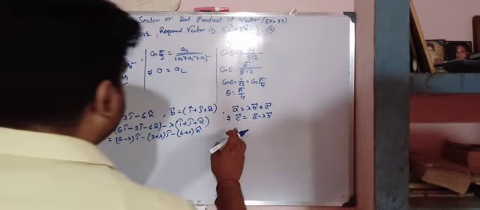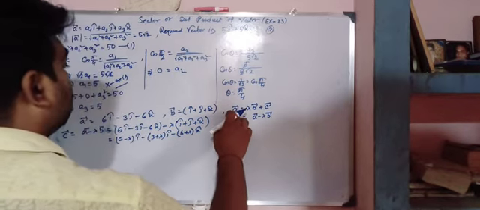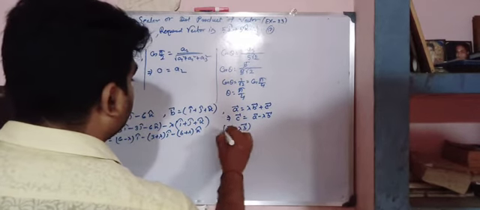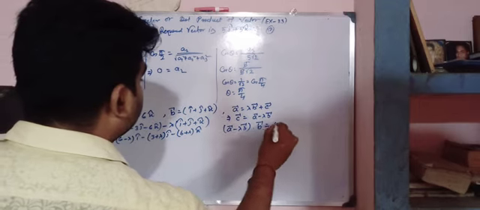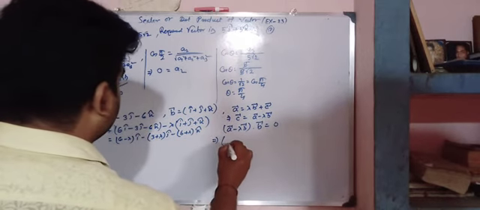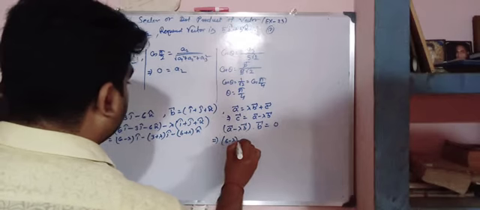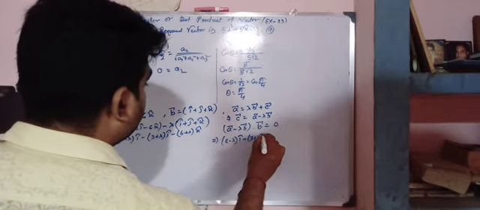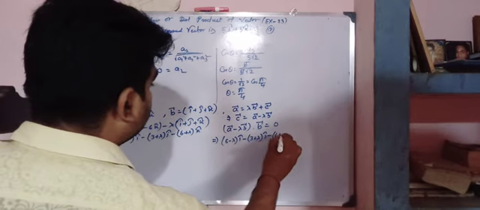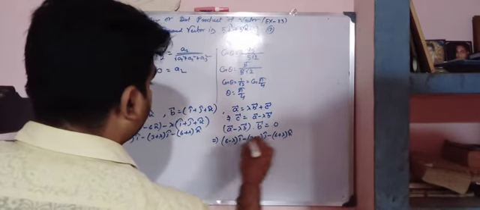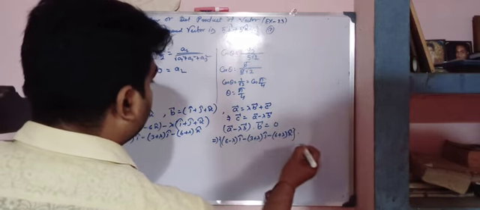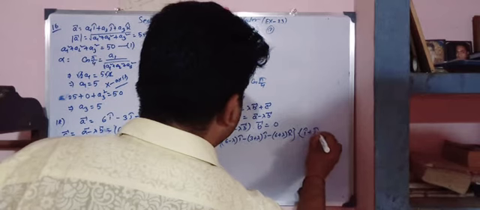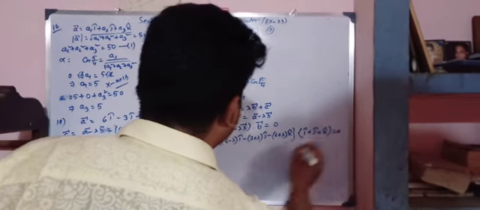Now since C is perpendicular to B, A minus lambda B dot B is equal to 0. That's implying 6 minus lambda i cap, minus 3 plus lambda j cap, minus 6 plus lambda k cap, dot B. What is my B vector? i cap plus j cap plus k cap, is equal to 0.